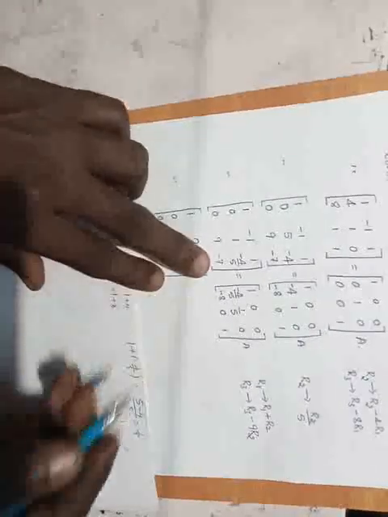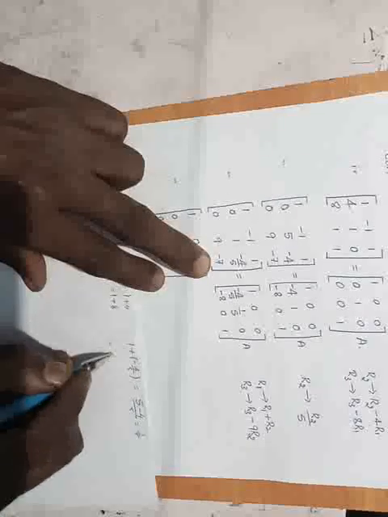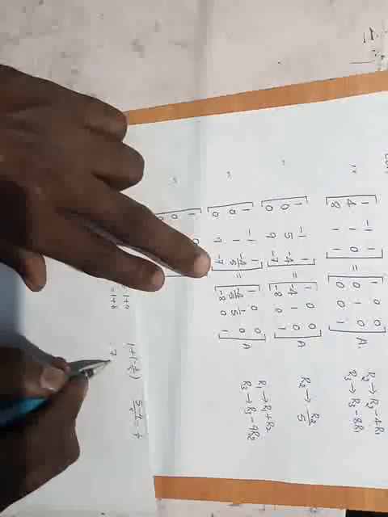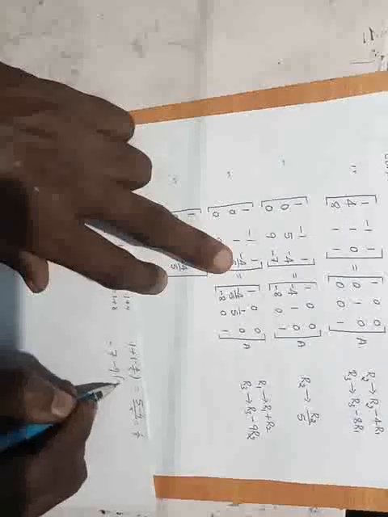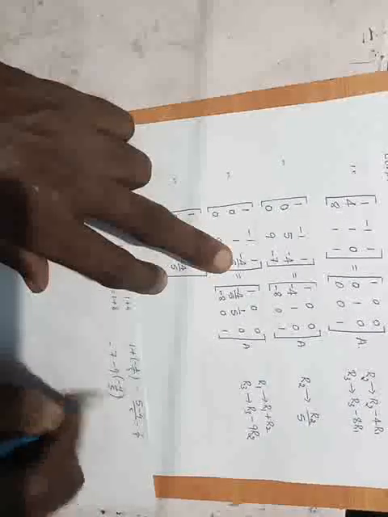Now come here, R3 is minus 7, minus this 9 into R2 element, this minus 4 divided by 5.